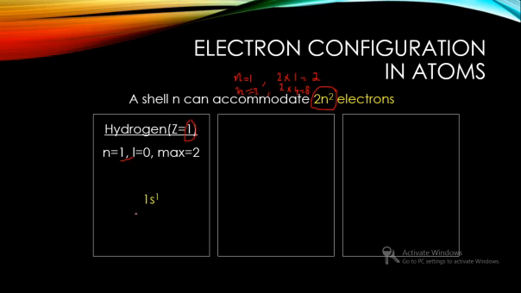So you can represent it as 1, which means the first orbit. S represents the value of L, and only 1 electron is involved, so that is written as a superscript. So it is 1s1. Is it complete now? No, because the orbit can accommodate one more electron to become complete, right?